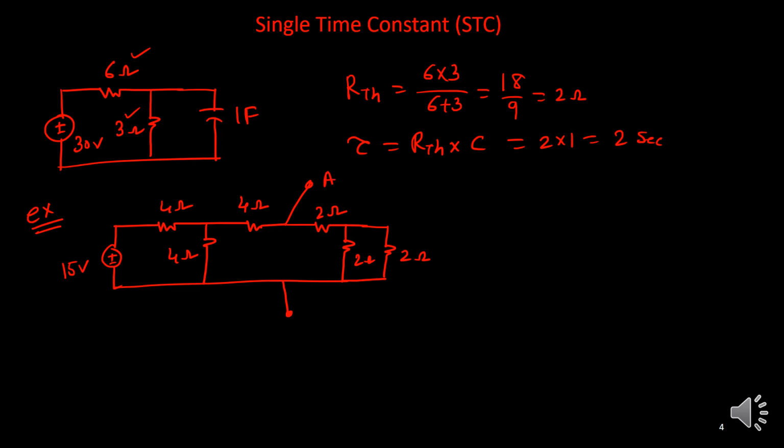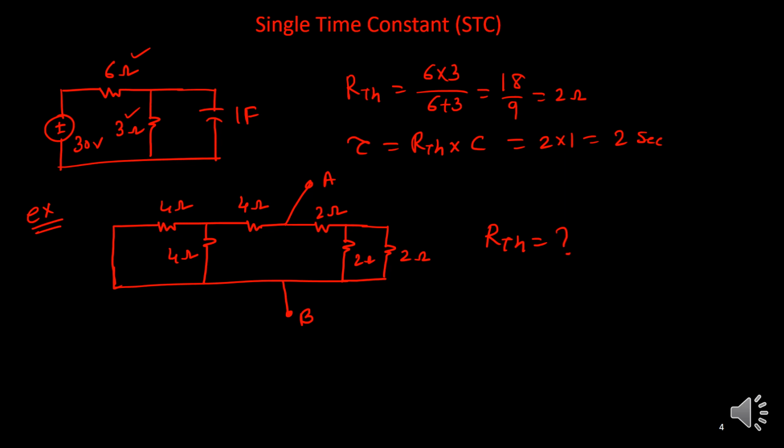This is A and this is B, and then this voltage source I will make shorted. So this also I will remove and make it shorted. Then I will try to find the equivalent resistance from these two terminals A and B, because I need to find RTh.